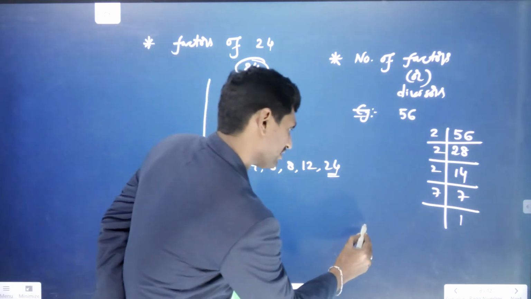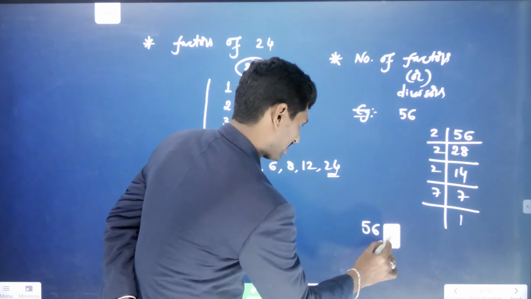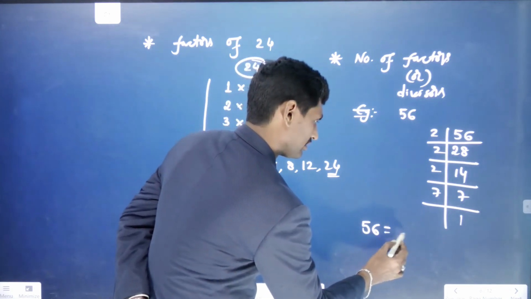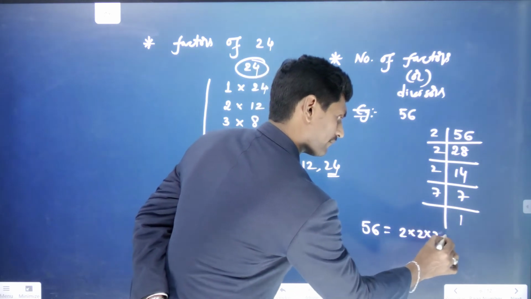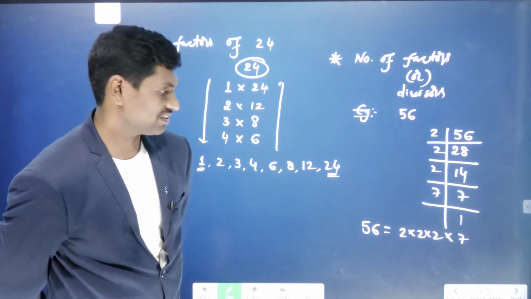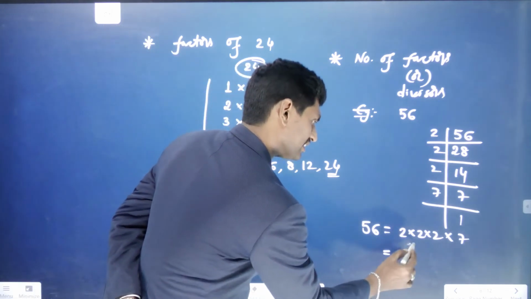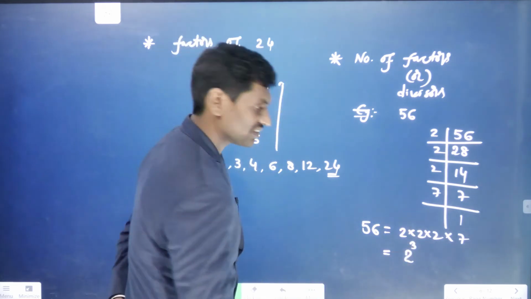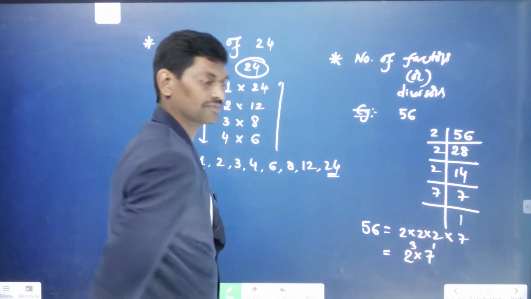So this 56 can be written as 2 into 2 into 2 into 7. That means 2 how many times? Multiplying 3 times. So it is 2 cube. 7 is present only 1 time. That means 7 power 1.